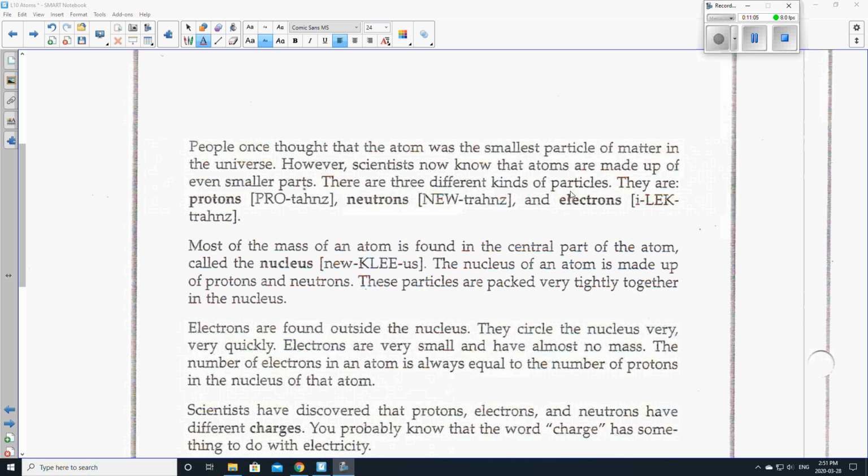There are three different kinds of particles. They are protons, neutrons, and electrons. Over here, they're just telling you how to say it. Most of the mass of an atom is found in the central part of the atom, called the nucleus. The nucleus of an atom is made up of protons and neutrons. These particles are packed very tightly together in the nucleus.